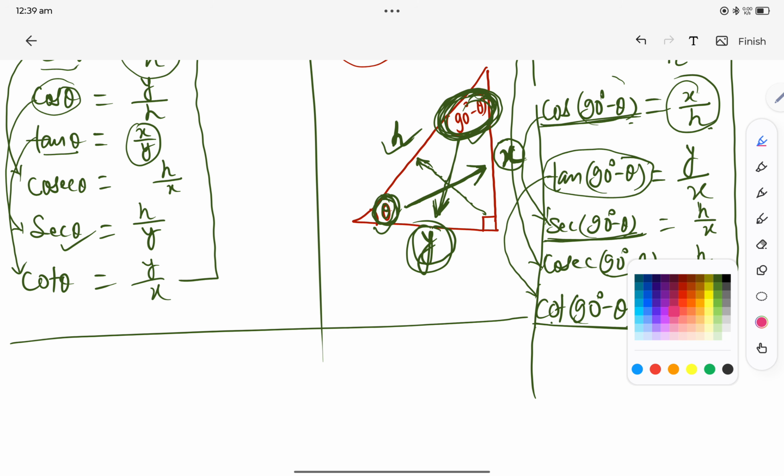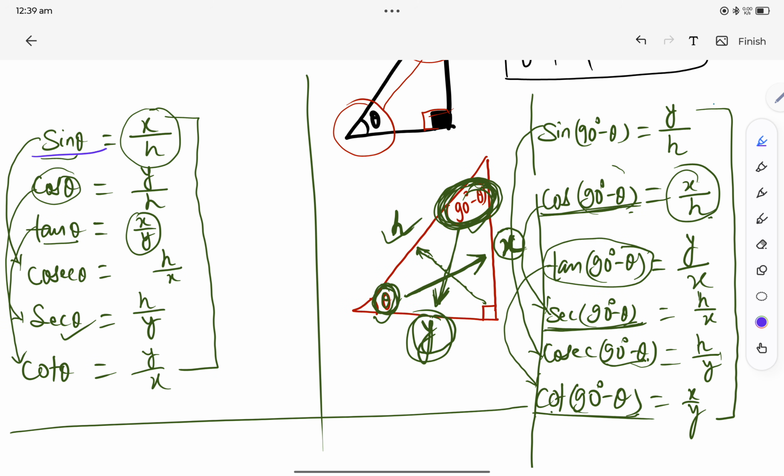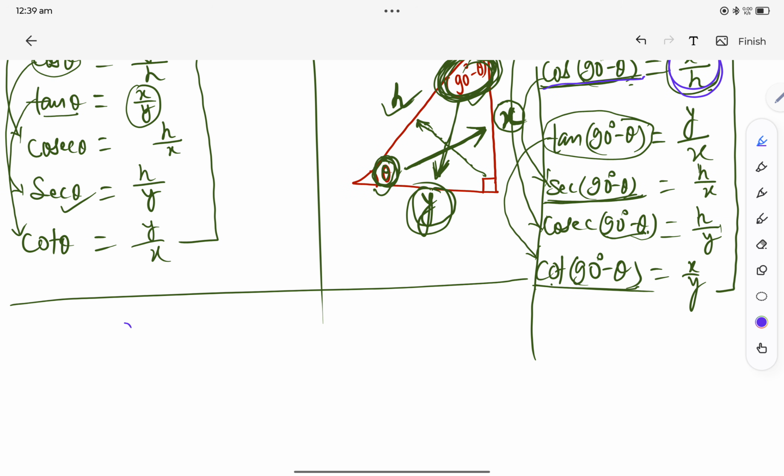We conclude that sin theta is equal to cos 90 degrees minus theta, as they are both x over h.